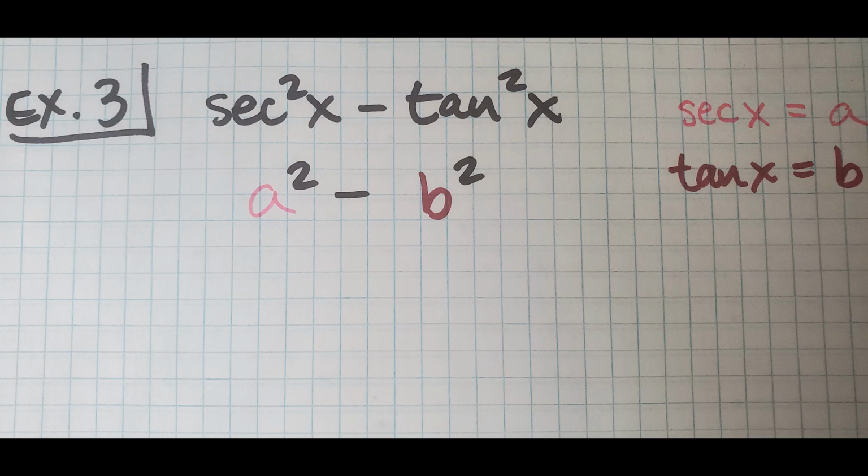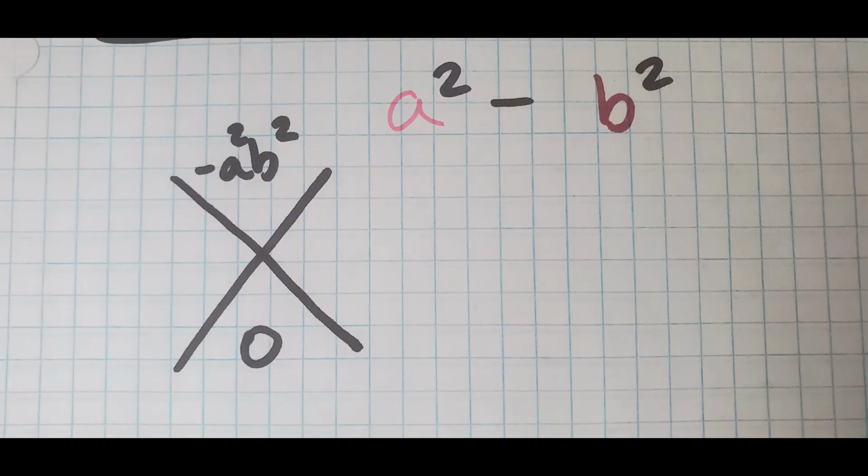From here, you might know the trick, and if you know it, by all means use it. But I'm showing all my steps. For this one, we don't have a middle term, so we put our x over here to the left. I multiply the first term times the last term, so A squared times negative B squared gives me negative A squared B squared. On the bottom, I don't have a middle term, so I put a 0 there.